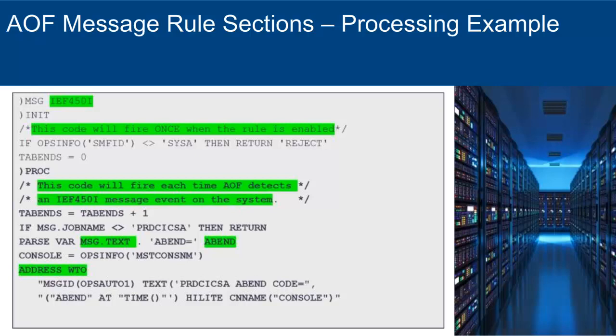The proc section runs code that will fire each time AOF detects an IEF4501 message event on the system, parses out the message.text variable to extract the abend code, and issues a WTO to the console indicating an abend condition for job PRDCICSA.